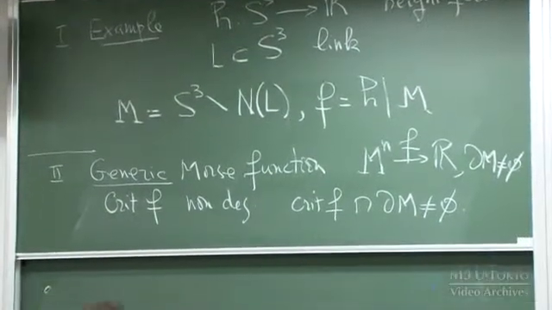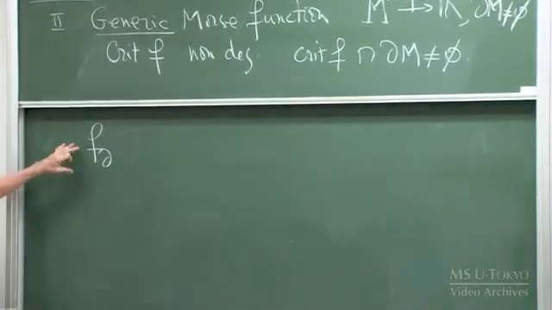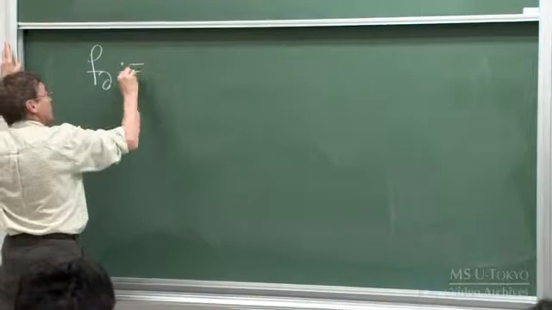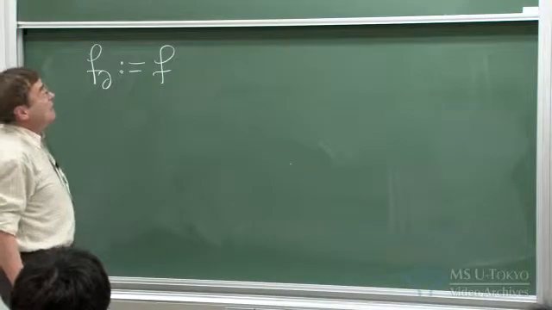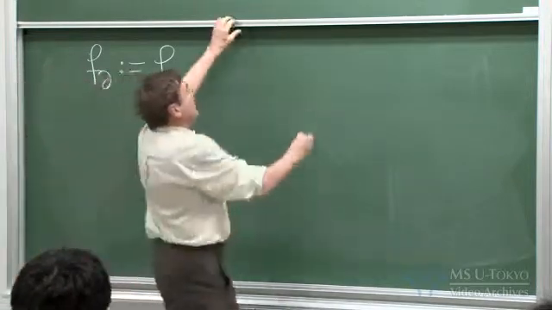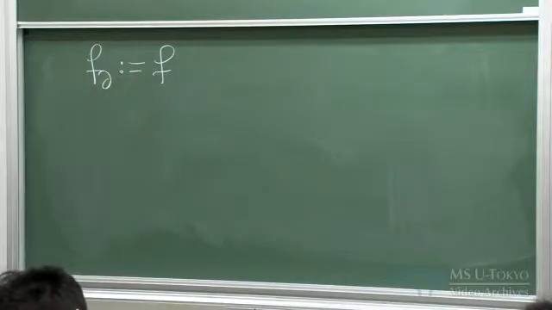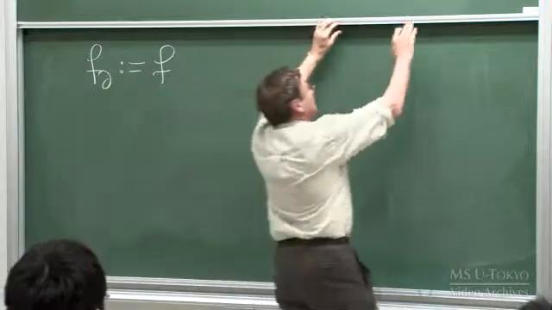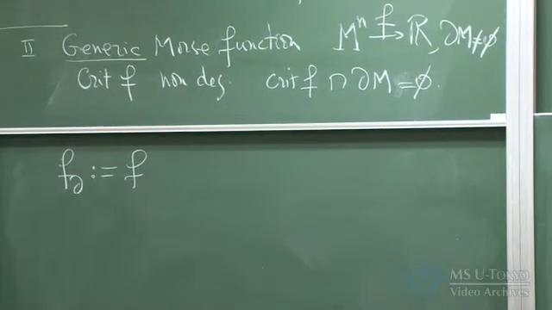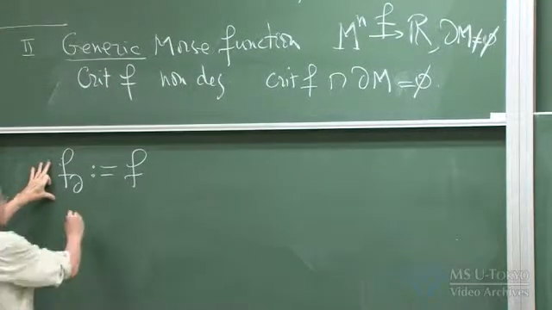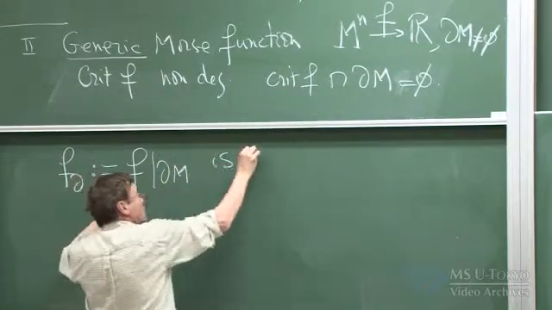Of course, you can look also at the restriction, which I denote by f restricted to the boundary. This restriction to the boundary is also Morse.